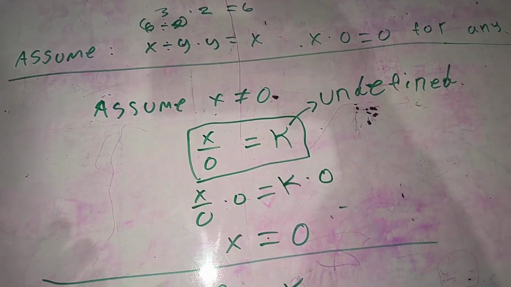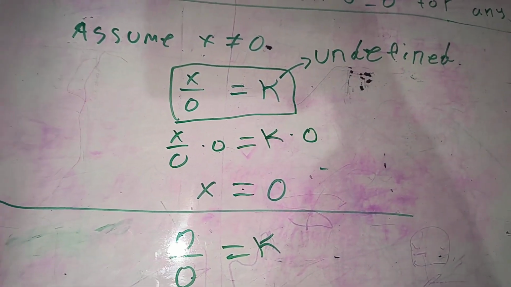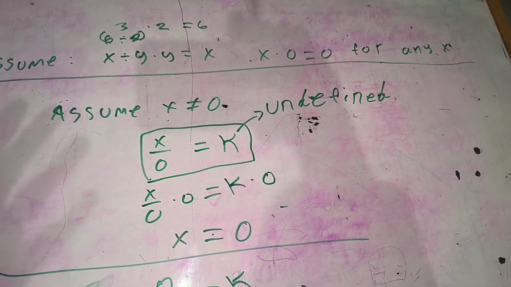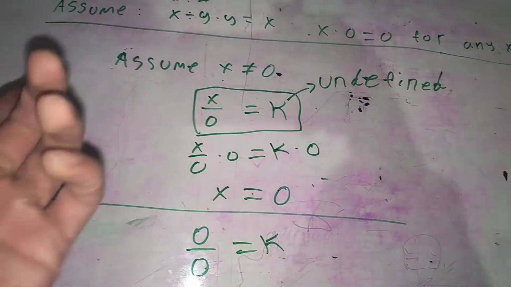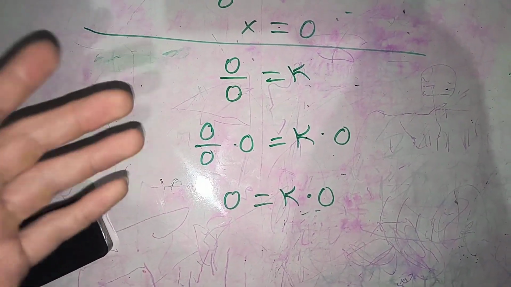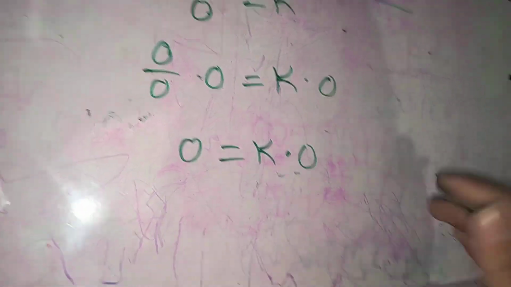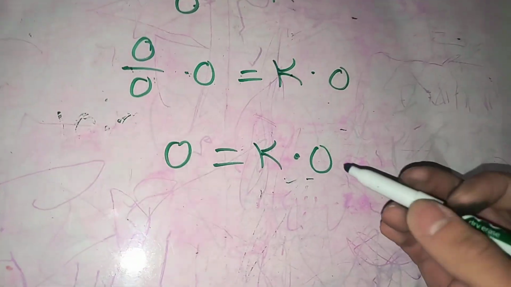We tried to find what k is equal to when doing x divided by 0, but it came out as undefined because x became 0, but x isn't 0. And whenever we try to solve for k when x is equal to 0, we got that k could be any number. It wasn't equal to anything, it was just any number.